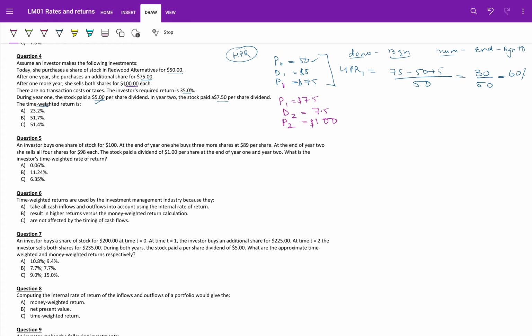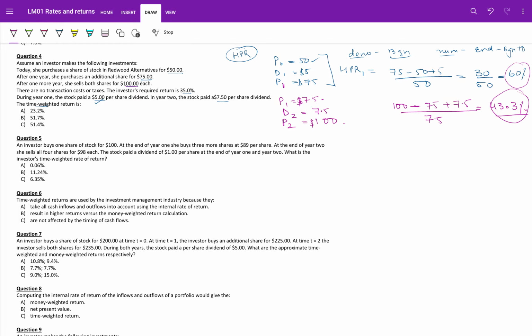So the beginning value is 75 and the ending value is 100. We subtract the beginning value 75, add back the dividend of 7.5, then divide by the beginning value, which is $75. So 107.5 minus 75 gives me a holding period return of 43.3%. Now my first holding period return is 60% and the second is 43.3%.